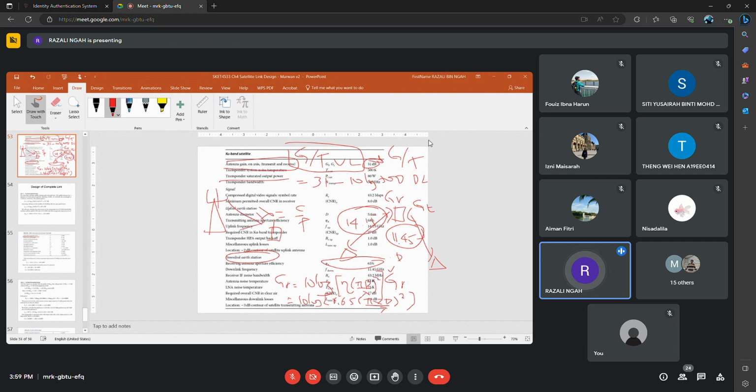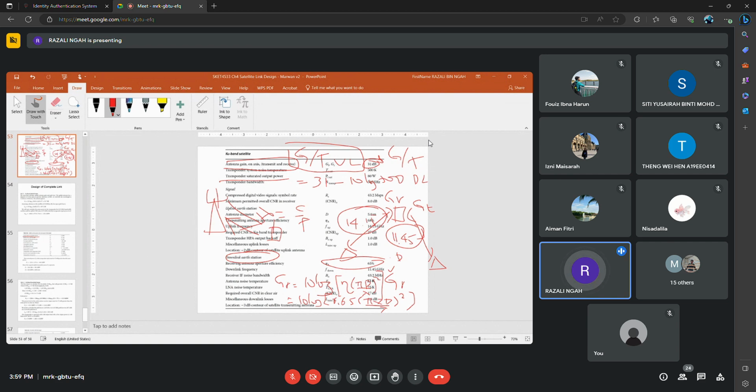If we determine the CNR for uplink for mobile communication, it is almost the same thing, because in terms of frequency it can be the same.